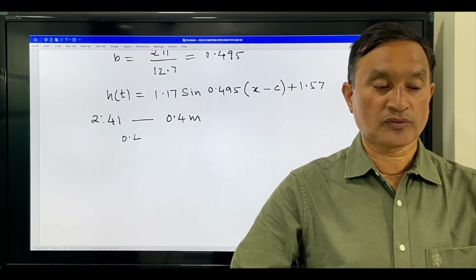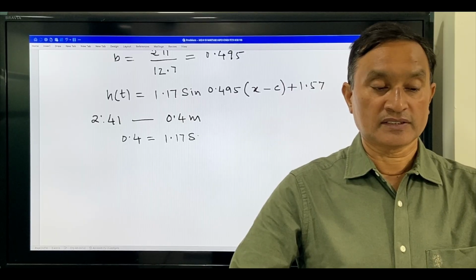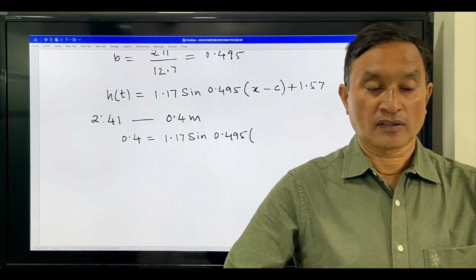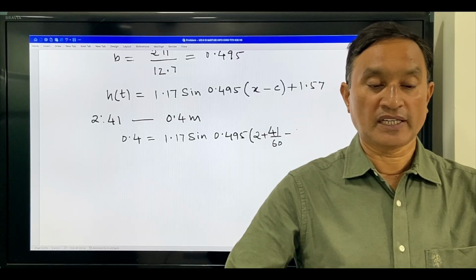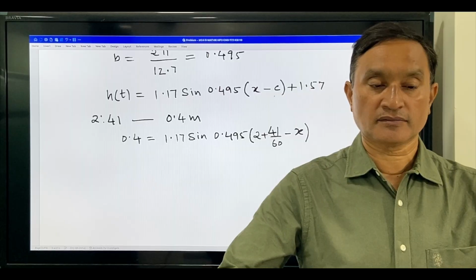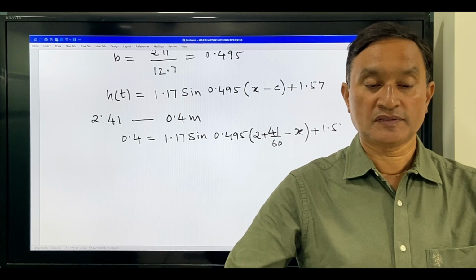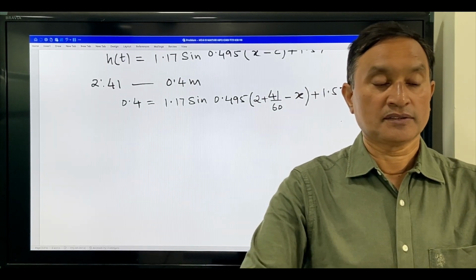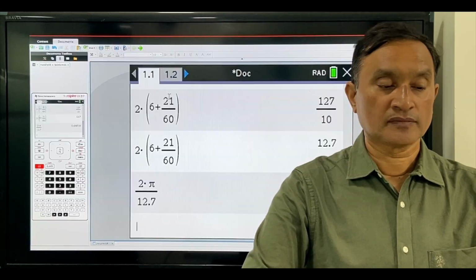So 0.4 equals 1.17 sine 0.495 bracket 2 plus 41 upon 60 minus c, where we can assume the variable x is the same as c, plus 1.57. Now with the help of the calculator, we will find out the value of x by using a graph.